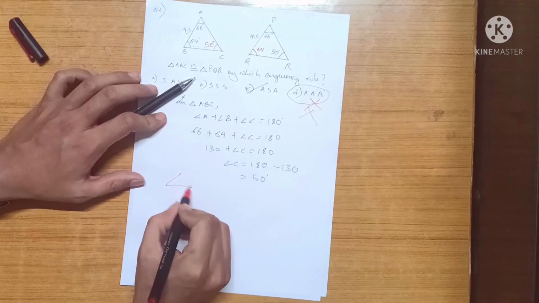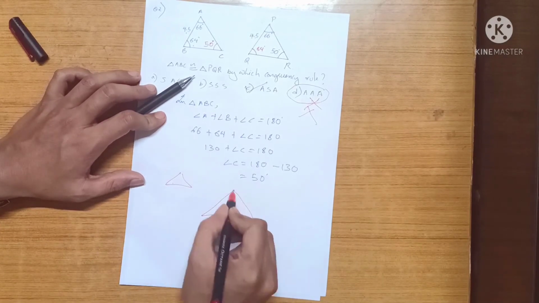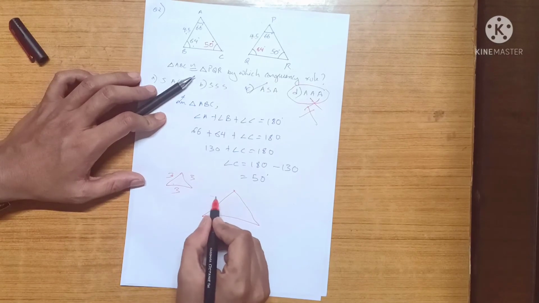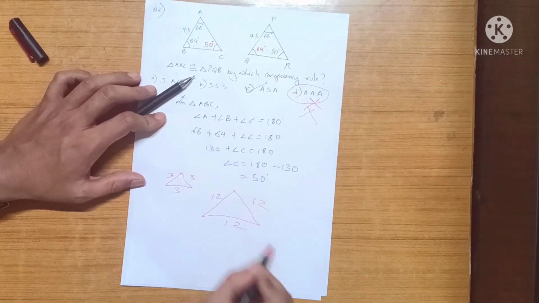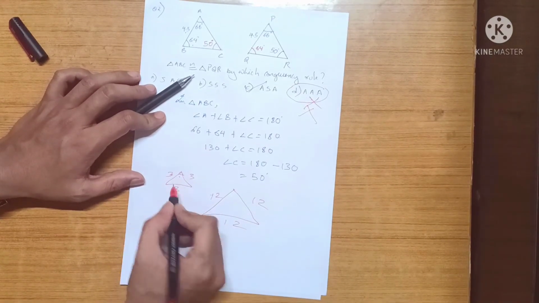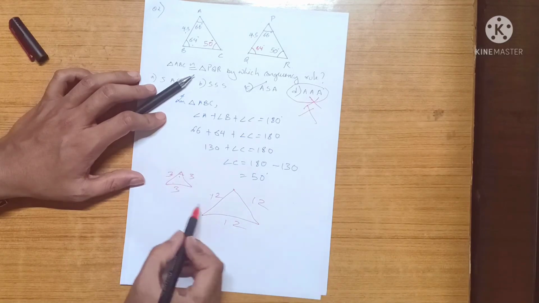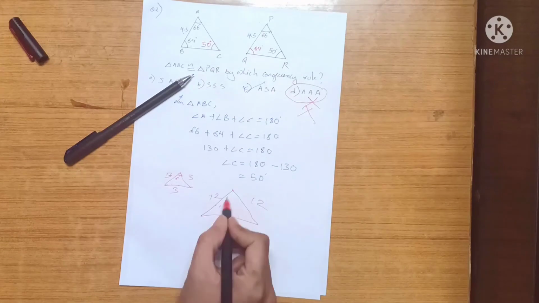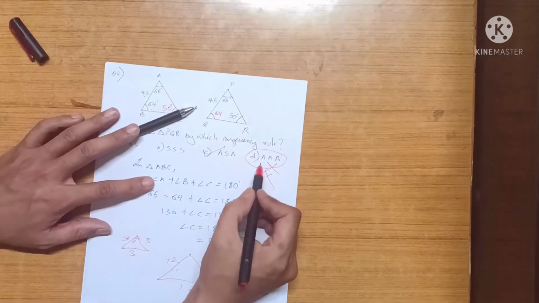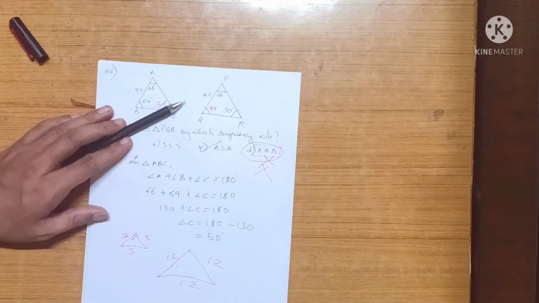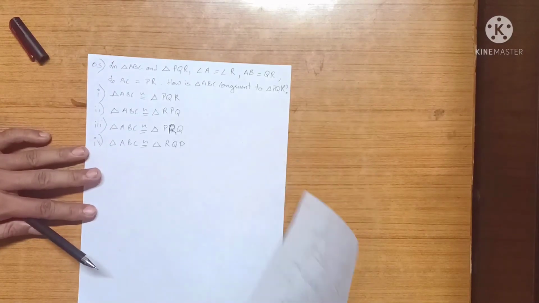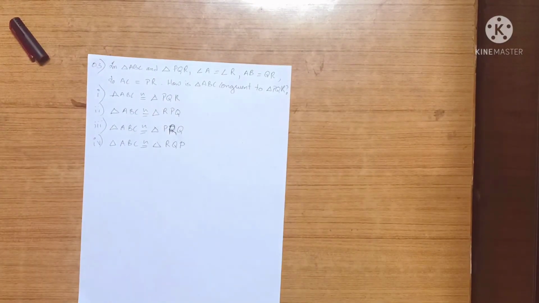Because if I draw a big equilateral triangle and a small equilateral triangle, no matter what the measurement is, the angles will always be 60 degrees for any equilateral triangle. So the angles will be the same, but the measurements will be different. So we cannot use AAA as a congruency rule. You have to understand that. Very important point. Okay, that's one last question that will be done.